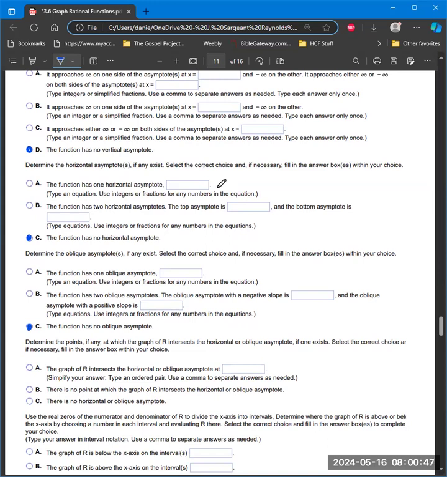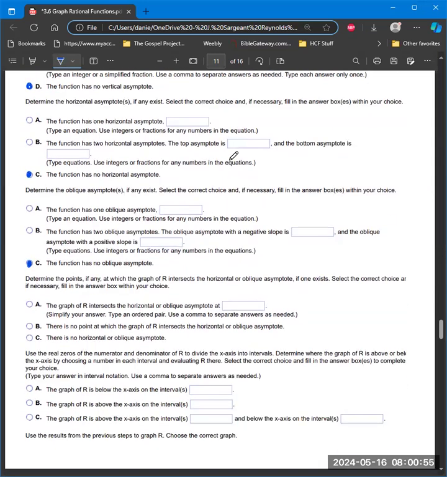I'd only be interested in that if there was a top and a bottom and the bottom still divided into the top evenly, but we don't have that here. So there was no horizontal or oblique asymptote, so we can't have a point of intersection.